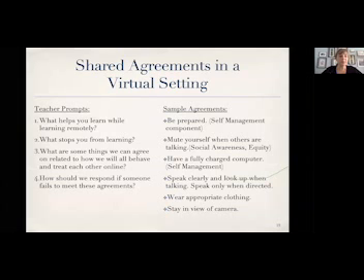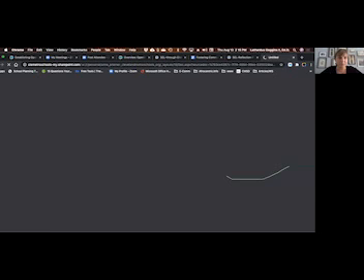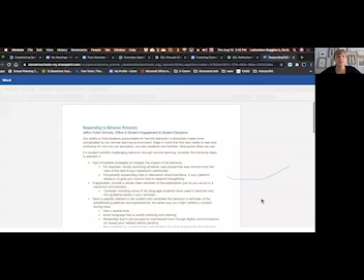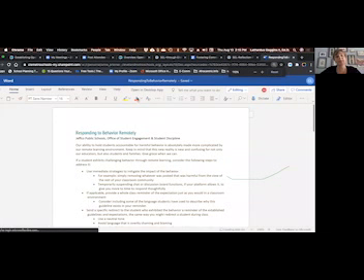Okay, so I did post this in the chat, and you will not be able to access it yet because it is in SharePoint, and for some reason you can't open SharePoint in Zoom. But this will be a resource, and I wanted to highlight it for you. It goes through step by step what you can do when someone is not adhering to your agreements.